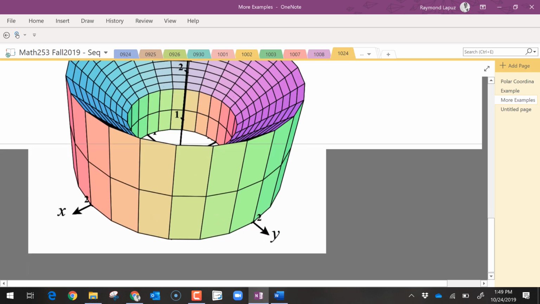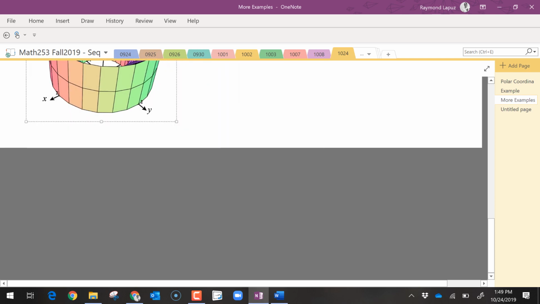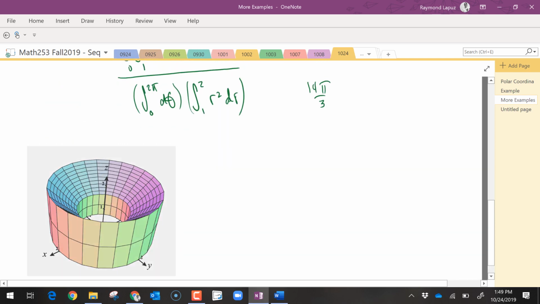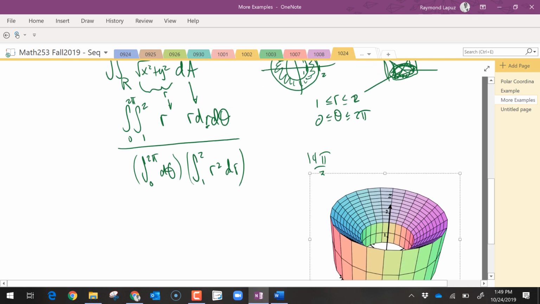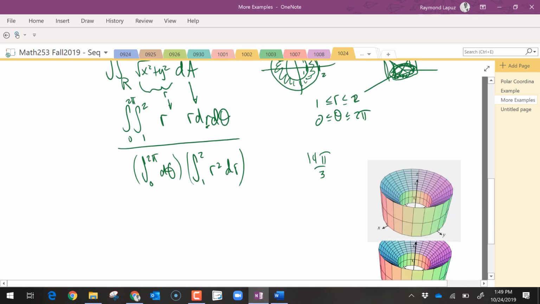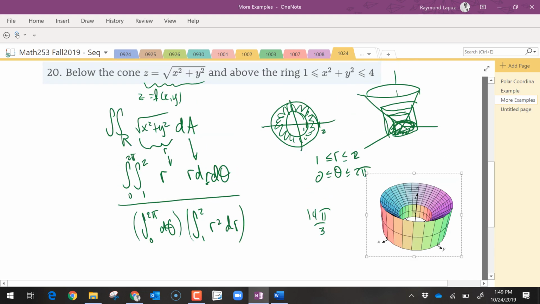So this is the picture that I attempted to draw. It's pretty close, huh? Should I put it right next to it? Pretty close. No. All right, it's not close. Whatever.